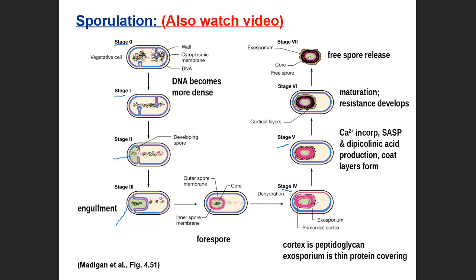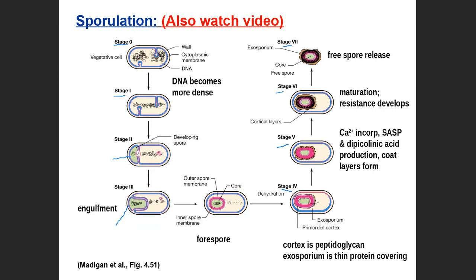And these, remember, are part of the chain of dipicolinic acid to form a solid wall, which gives that resistance I've talked about. And then the spore has to go through stages 6 and 7, where it matures in stage 6, and then it is released in stage 7.